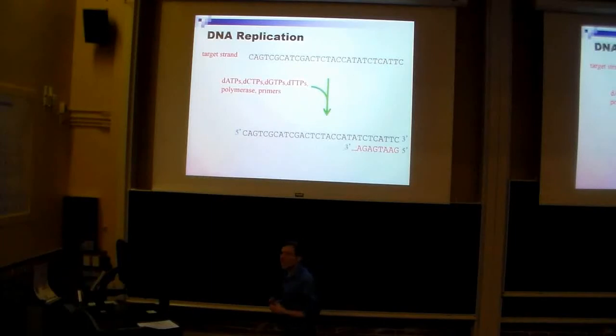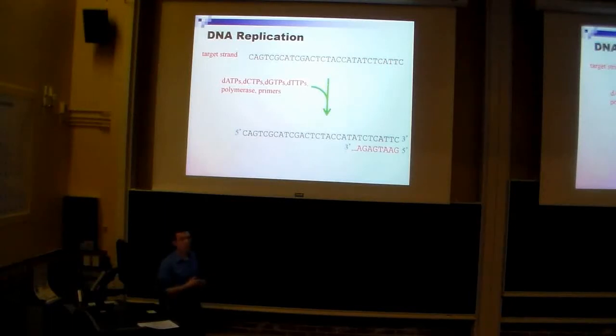Most methods for DNA sequencing or RNA sequencing rely on the fact that cells have evolved to be very good at replicating DNA. So DNA naturally replicates. Basically, if you have a strand of DNA, you throw in free charged nucleotides, a polymerase, and a primer, which is a little piece of RNA that helps get things started.